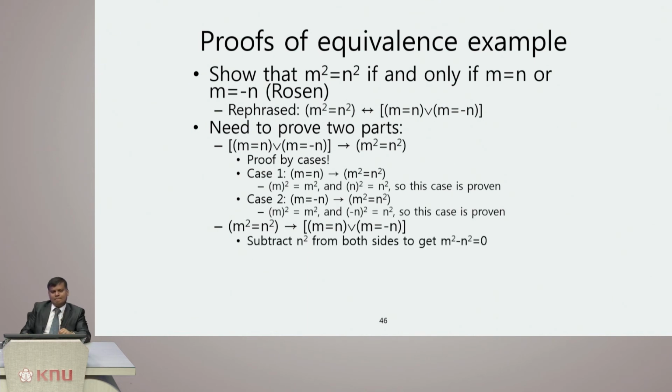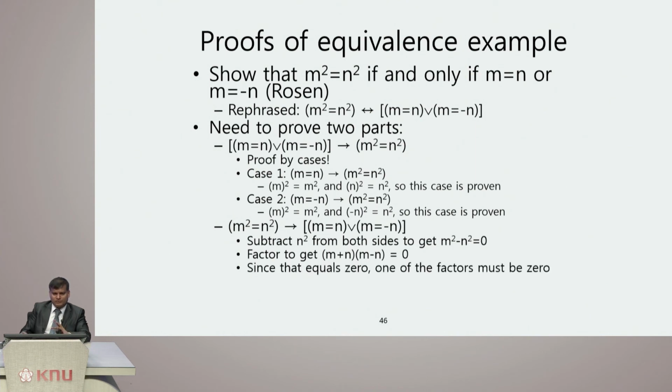And again, if you are using this form, m square equals n square implies m equals n or m equals minus n, subtract n square from both sides to get m square minus n square equals 0. Factor to get m plus n times m minus n equals 0.